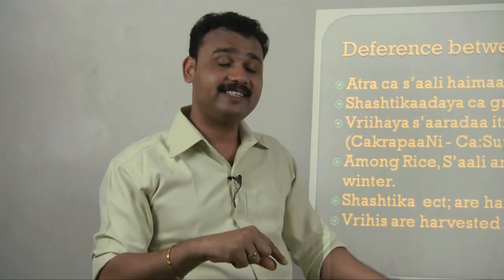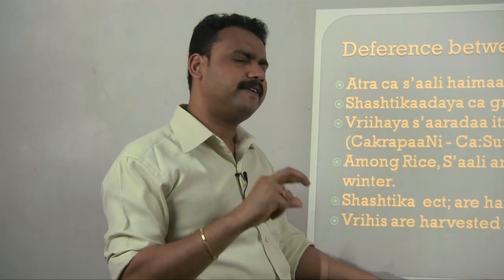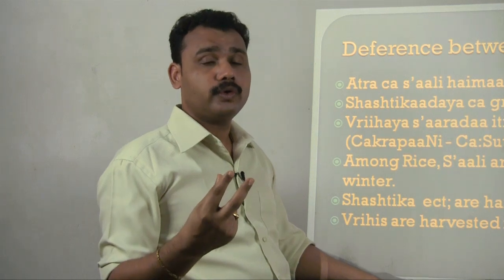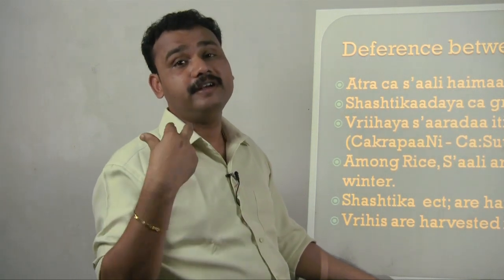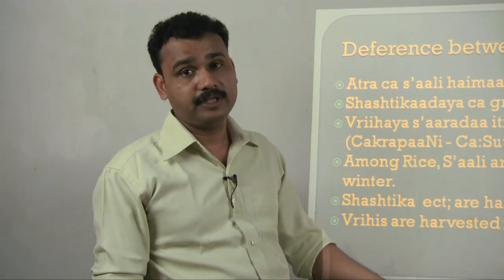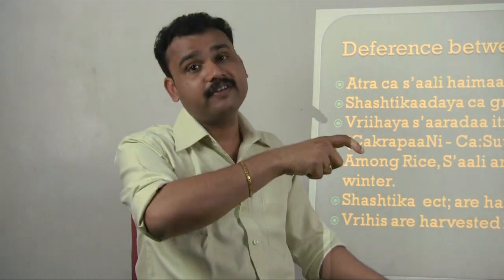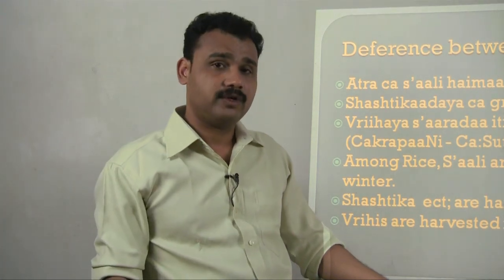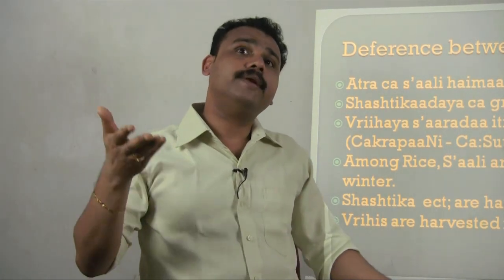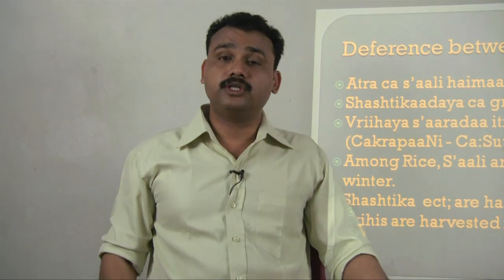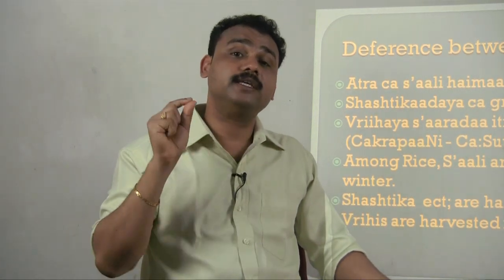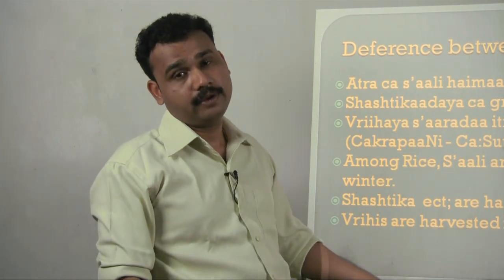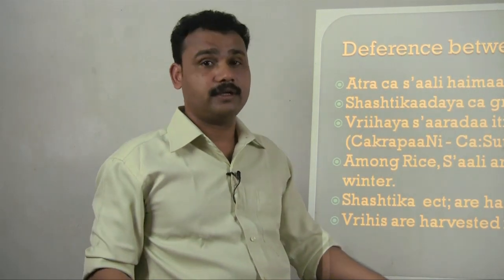And of course, different seeds were also preferred for different seasons. This is why he explains different varieties under Shali and different varieties under Vrihi. If you read about rice culture, it is a grain with a history of at least 8,000 years, one of the oldest grains used.